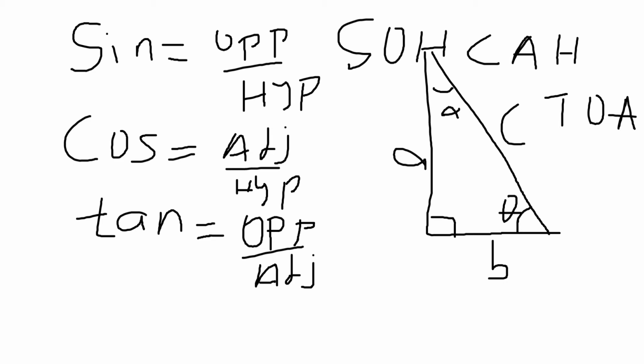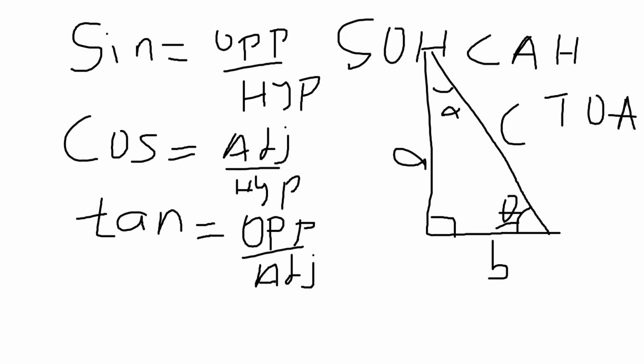Now, concerning the triangle that I drew, if you are working with angle theta, then there is this particular side that opposes theta, and the side is A. So if you are talking about the opposite of angle theta, then you will have the side A divided by your hypotenuse C, and that is your sine theta.